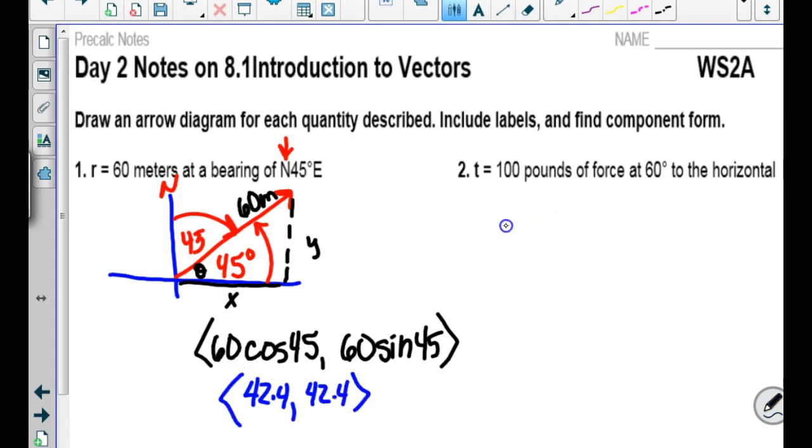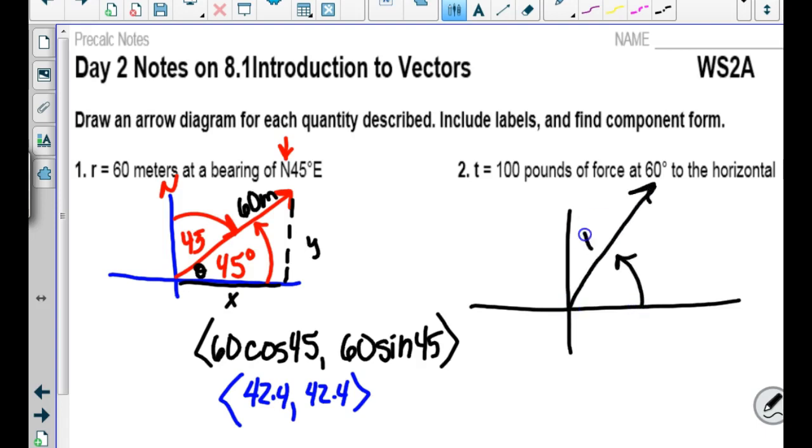All right, then this one says 100 pounds of force at 60 degrees to the horizontal. Again, whenever they say to the horizontal, we go off the positive x-axis. So this would be 100 pounds of force acting at this angle. So some of it is vertical force and some of it is horizontal force, but we can find those by just doing 100 cosine 60 and 100 sine 60.